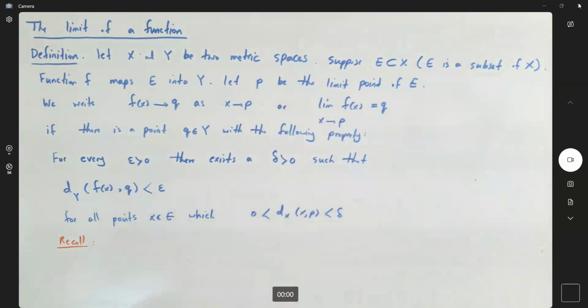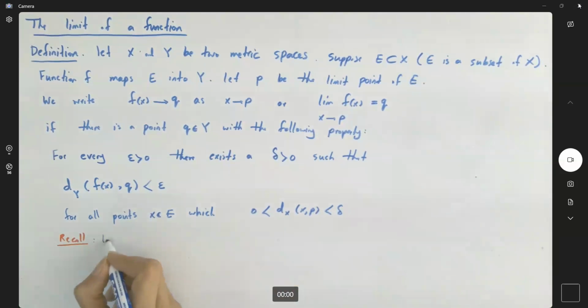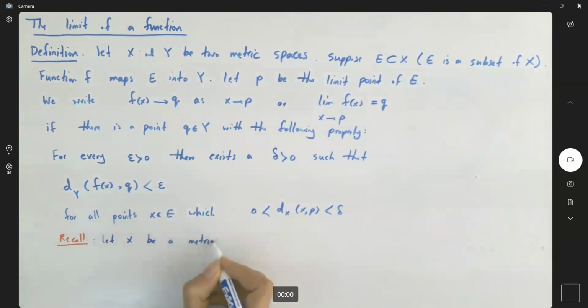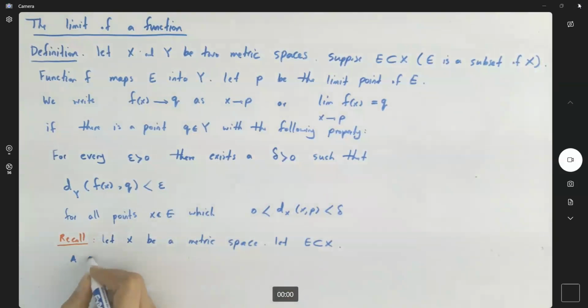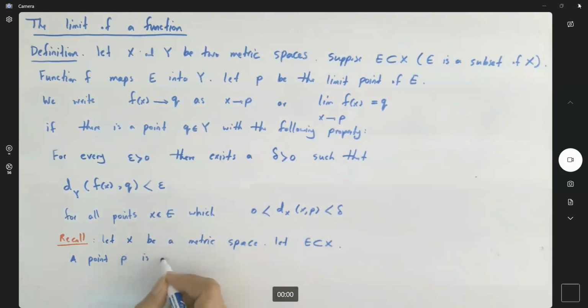Suppose X is a metric space, and let E be a subset of X. We say that a point P is a limit point of set E if every neighborhood of P contains another point which is different from P.